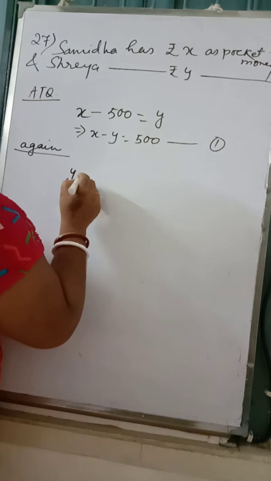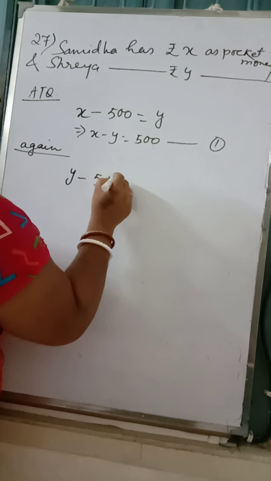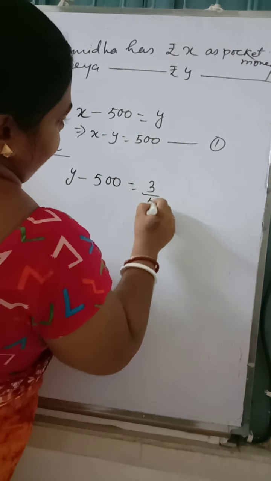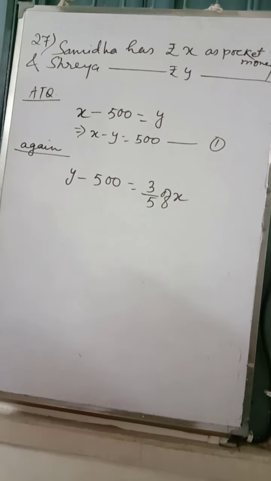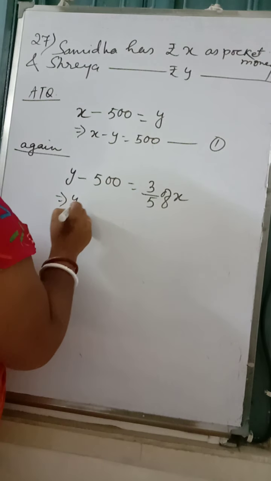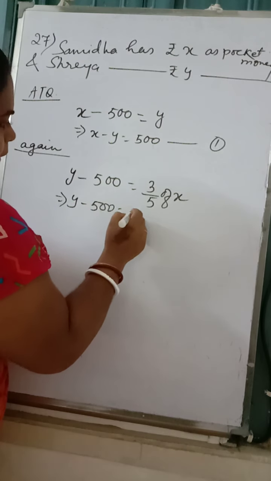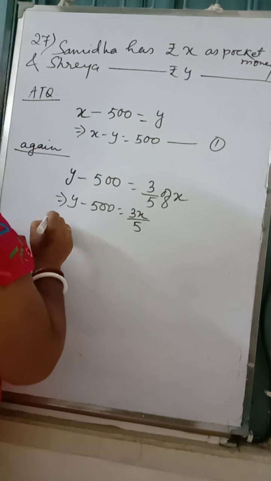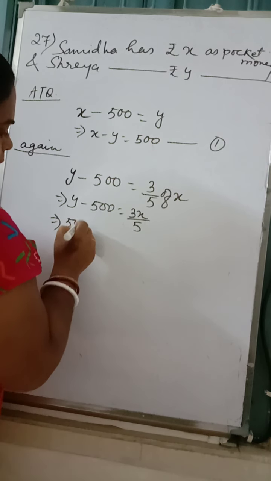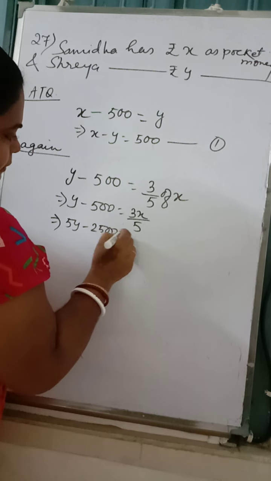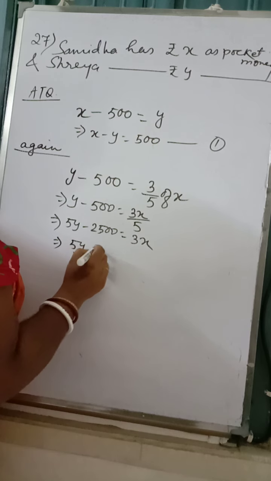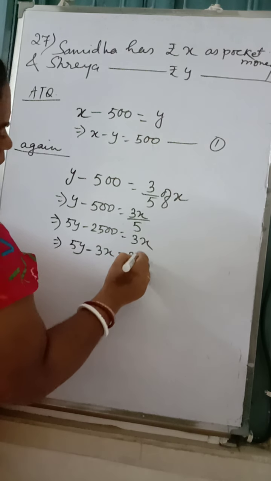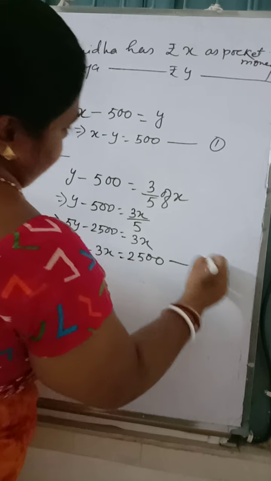Shreya had Y rupees, she also spent 500 rupees and she was left with 3 by 5 of Samita's money, so 3 by 5 of X. This gives you Y minus 500 is equal to 3X by 5, or 5Y minus 2500 is equal to 3X, or 5Y minus 3X is equal to 2500. This is equation number 2.